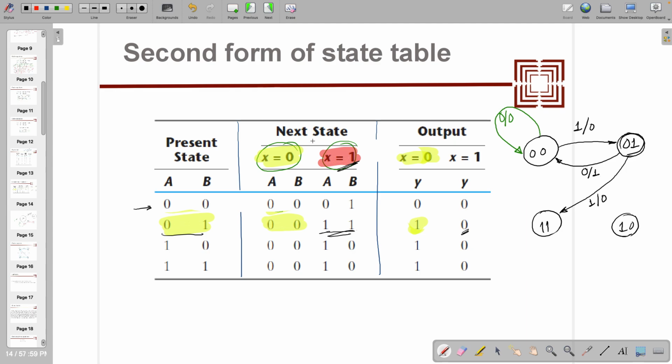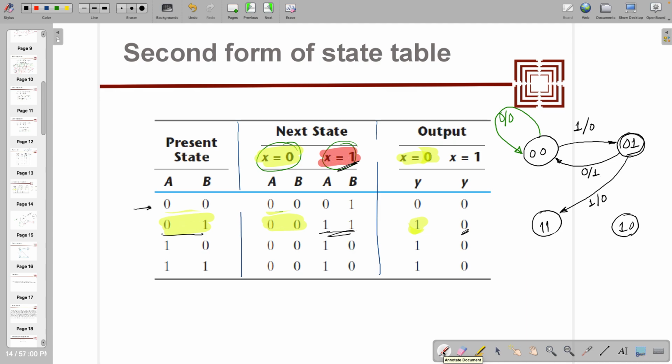So, either it can be 0 or 1. If there are multiple inputs, let us say two inputs, alpha and beta, then there are 4 possibilities: 0 0, 0 1, 1 0, 1 1. But in the case of only one input, we will have only two possibilities, 0 and 1. We will have one example where we have two variables as input also.